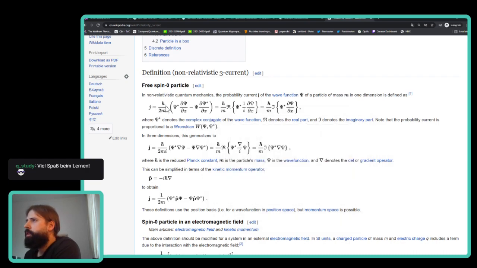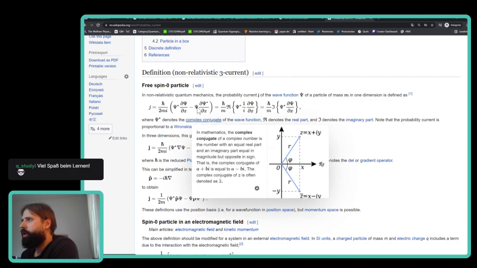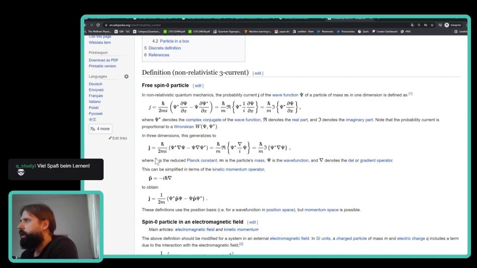So this is just a given definition, and let's try to understand it. First of all, how is that supposed to be a vector? Is it because the kinetic momentum operator is in the position basis?